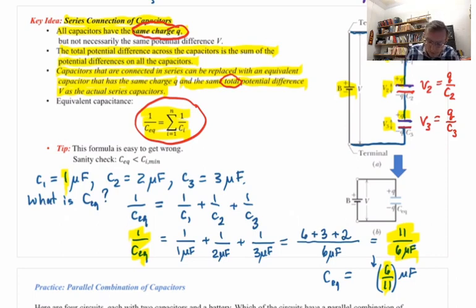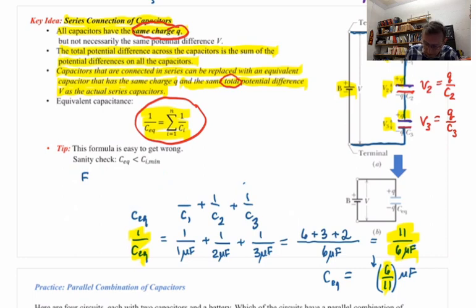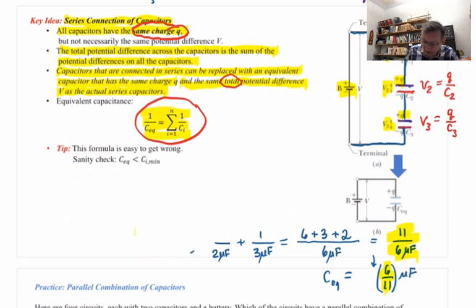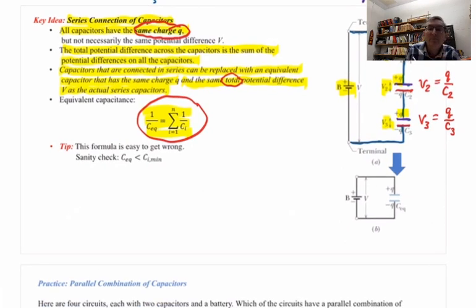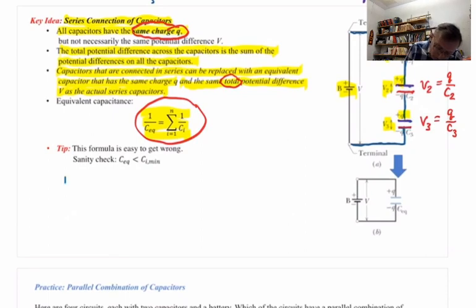Okay? Now let me give you one more bit of practice, because another thing that people struggle with, like with the parallel connection, is correctly identifying when they do indeed have a series connection. So now let me draw a circuit diagram. Okay, so high and low terminals of a battery.